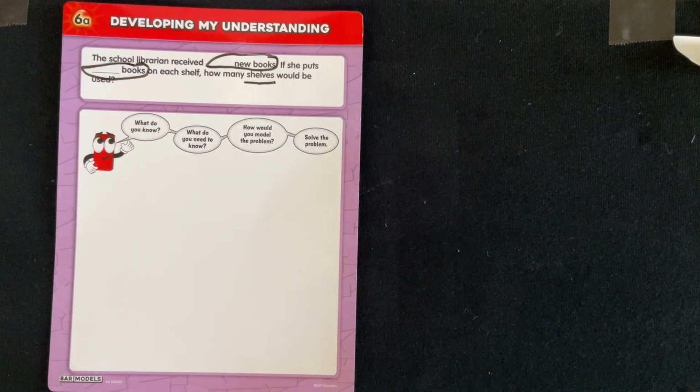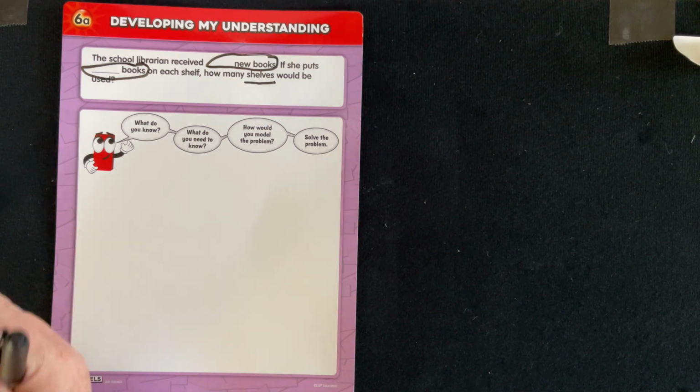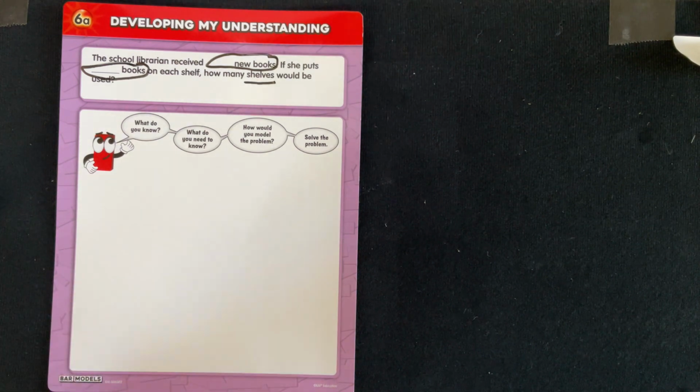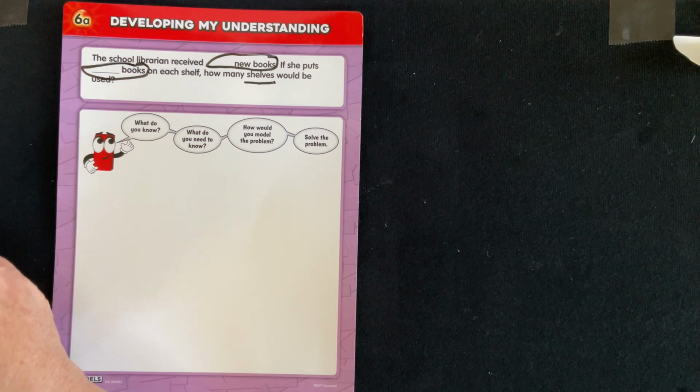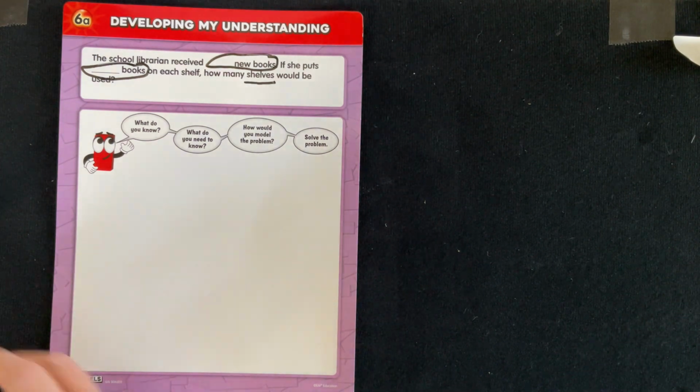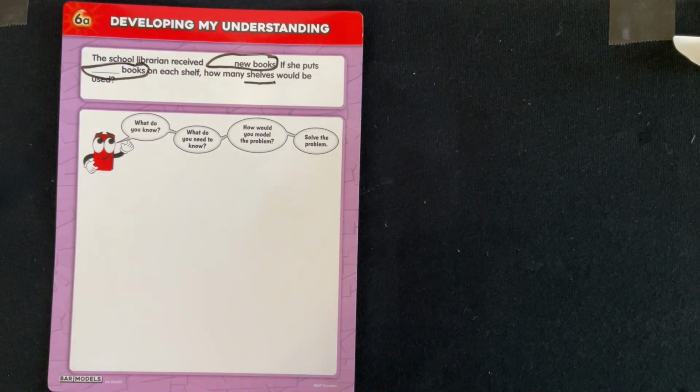So ask the kids to turn to their partners and explain to each other, what is this problem even about? So you're going to get the kids thinking about, well, she's got this box of books, and then she puts the same number of books on a shelf. And then she takes that same number again and puts them on another shelf. And the same number again and she puts them on another shelf.